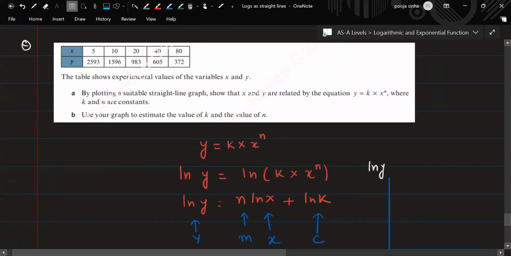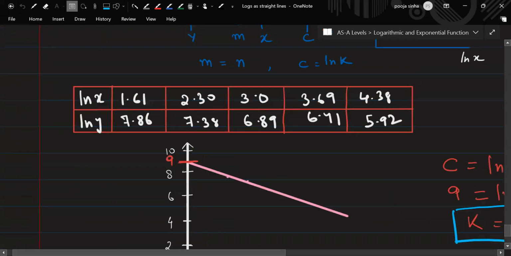It was a curve. We are changing it into a straight line equation. Then we get ln on both sides. And then we plot another table with ln x and ln y. And then use that first table to calculate these values in this table. Perfect. And then we'll plot these.